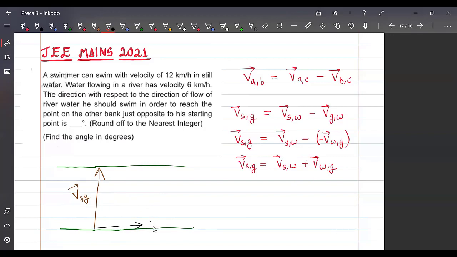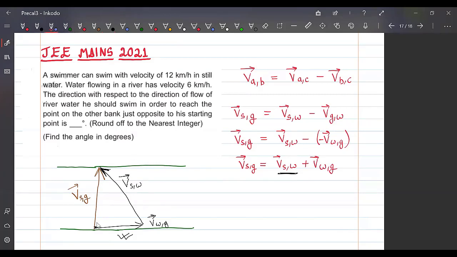To this vector, I need to add this vector. Velocity of water with respect to ground is known, the direction is known. To this, I need to add velocity of swimmer with respect to water such that I get this. So from the triangle law of addition, adding this vector to another vector such that I get the third vector, velocity of swimmer with respect to ground, that should be vertical, along the perpendicular direction to the river. So this is velocity of swimmer with respect to water.